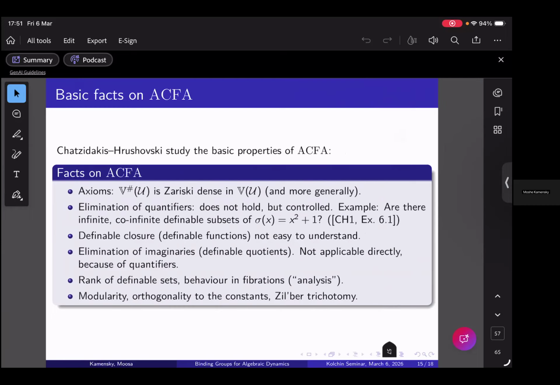If you are orthogonal to the constants, sufficiently orthogonal to the constants, then you're modular, which has some interesting implications.